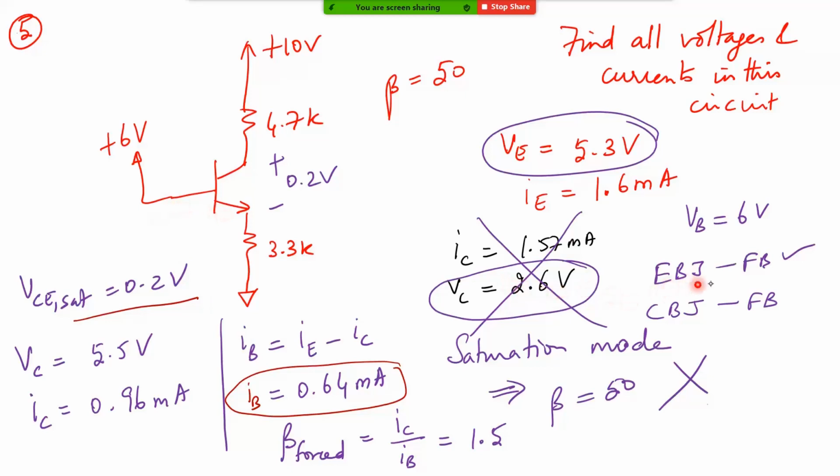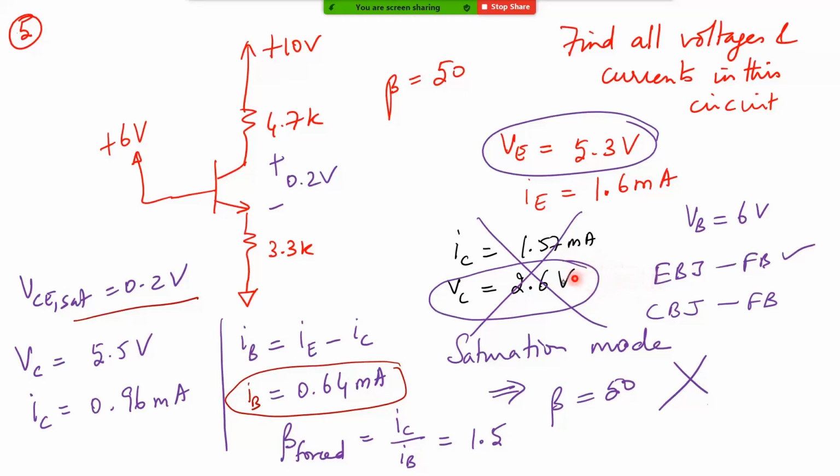Which means that the collector base junction is forward biased, so our assumption that this particular transistor in this circuit is in the forward active mode is a false assumption. We saw that the consequences are not matching. There is a contradiction, so our assumption is wrong.